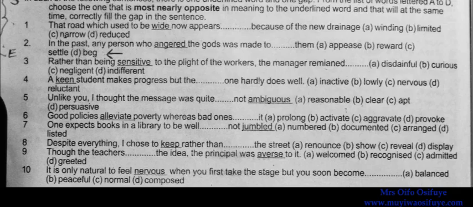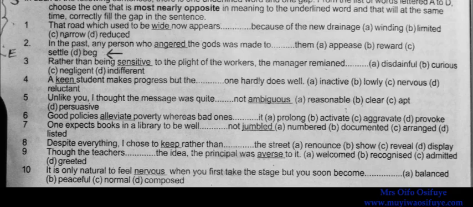Now, the first example we have there is: That road, which used to be wide, now appears dash because of the new drainage. The word underlined in this sentence is wide.